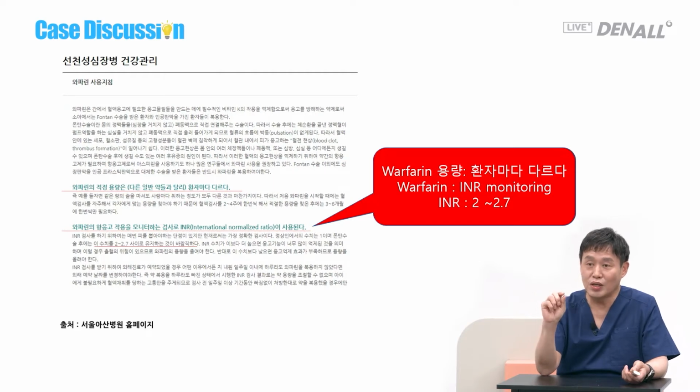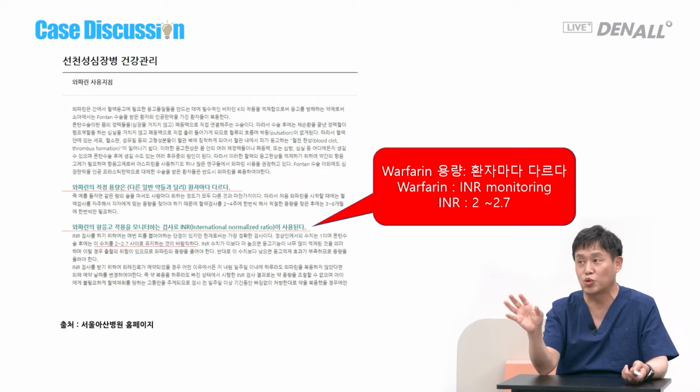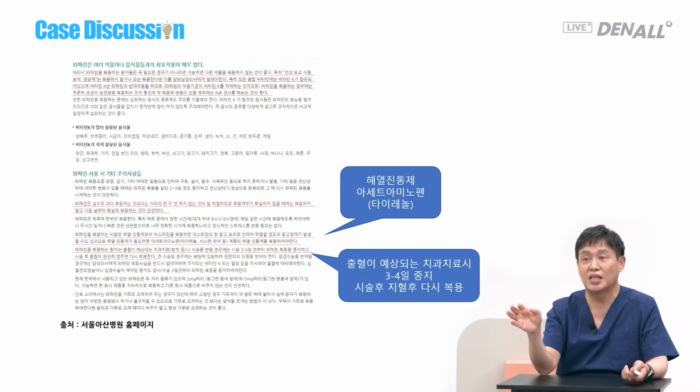The warfarin is the same, but the anticoagulation mechanism can be different from patient to patient. Therefore, INR should be measured and monitored. In general, in internal medicine or thoracic surgery, INR is recommended to be 2 to 2.7. A 2.5 to 3.5 range is also used for control.